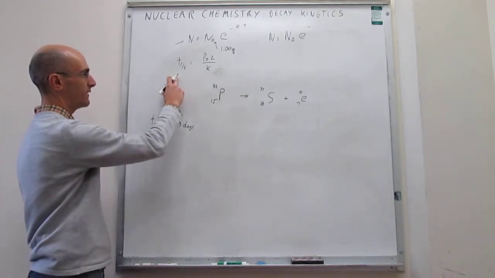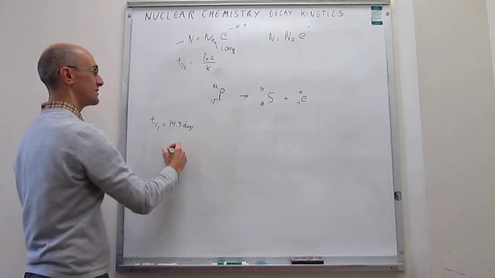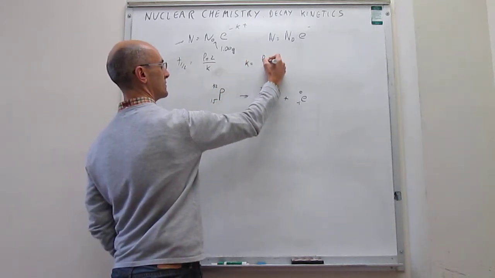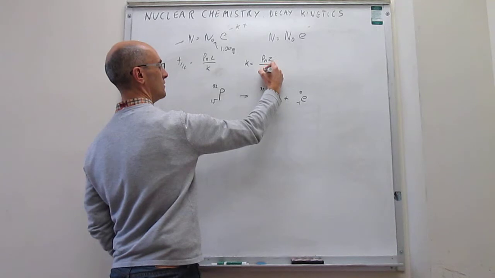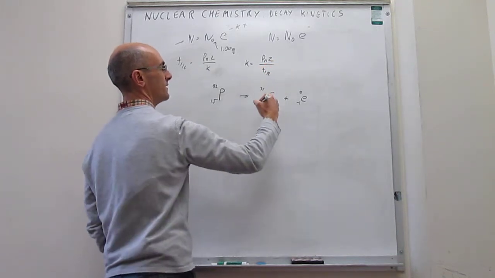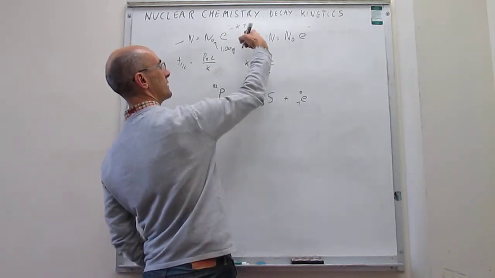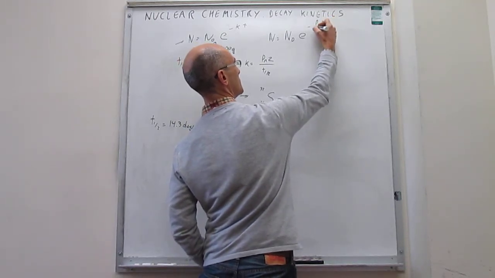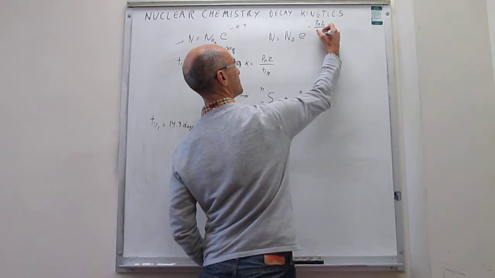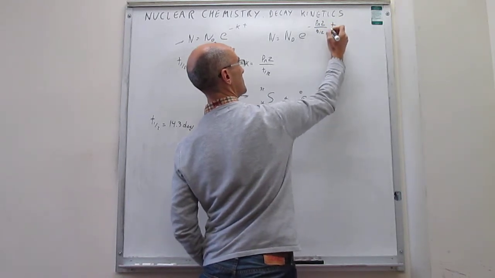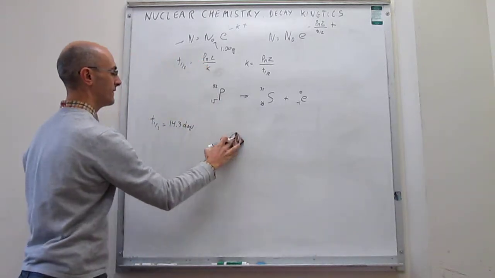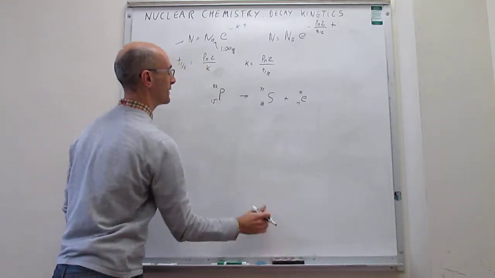We can take this half-life equation and solve it for the rate constant, and realize that k is equal to simply the natural log of 2 over the half-life. You now replace this rate constant into that expression, and you're going to get the natural log of 2 over the half-life times the time. Let me rewrite that equation for the problem at hand.